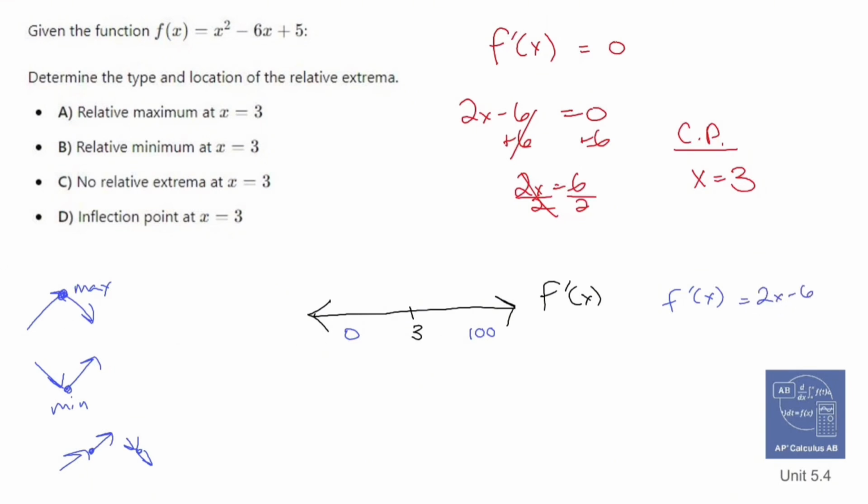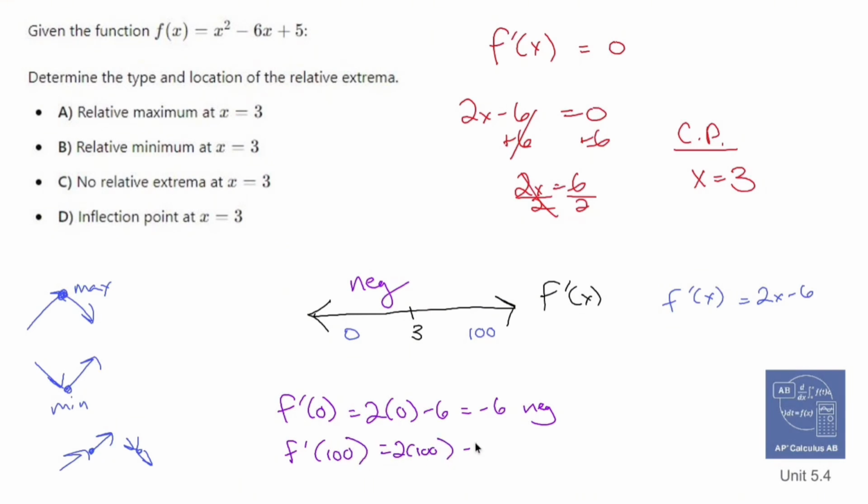So if I plug in 0, f prime of 0 is 2 times 0 minus 6, which is negative 6, which is negative. So you are a negative right here. If I plug in 100, f prime of 100 is 2 times 100 minus 6, which is 200 minus 6, which is 194. That's positive. So you're positive.